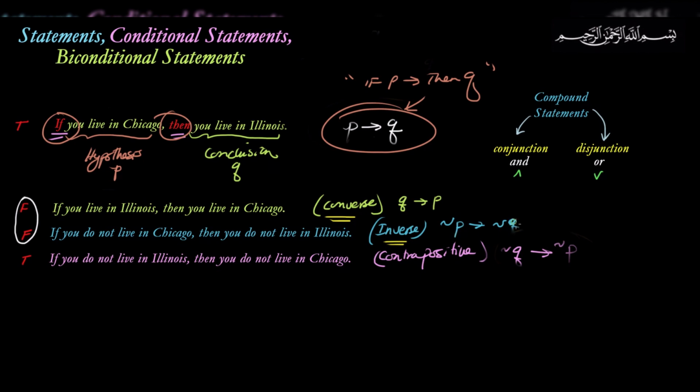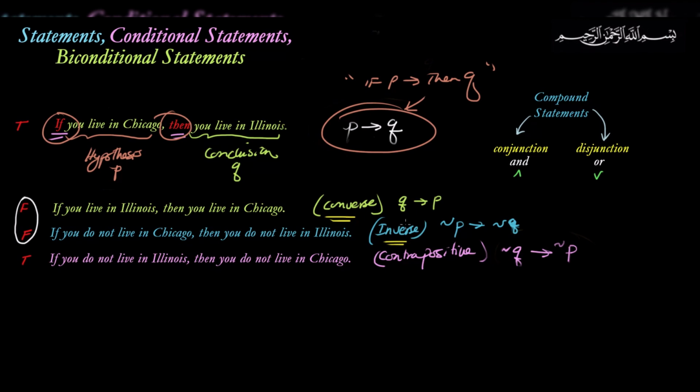And finally, the contrapositive is the inverse of the converse: if not Q, then not P. I also suggested that the converse and the inverse are best buddies. That means they're either both false or both true. And two statements that have the same truth value are called logically equivalent statements.